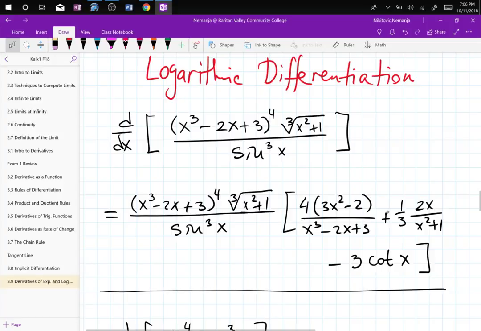Function down, its derivative on top. Function down, which is sine, its derivative cosine on top. Cosine over sine is cotangent. So that's how it's done. Any derivative in a few seconds, bypassing all of the product, quotient, chain, everything that is there.